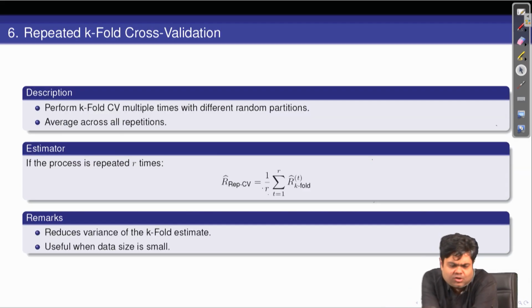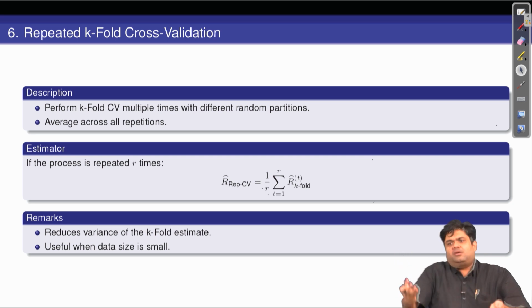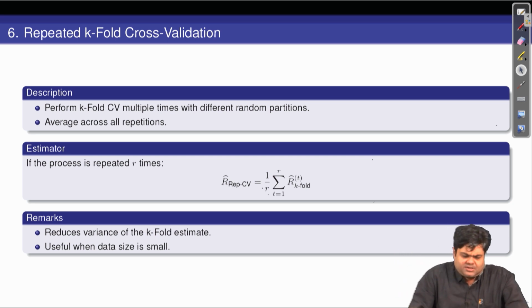So, repeated k-fold cross validation is just a slight variation of this. You perform k-fold cross validation multiple times with different random partitions and average across all partitions. If the process is repeated r times, you take all the losses and take the average over r. This is useful when the data size is small, and reduces the variance of the k-fold estimate.